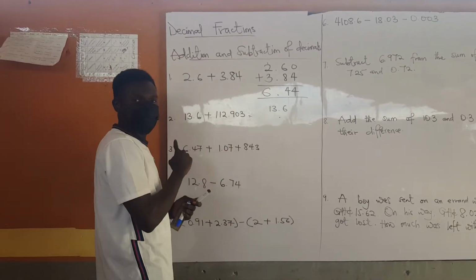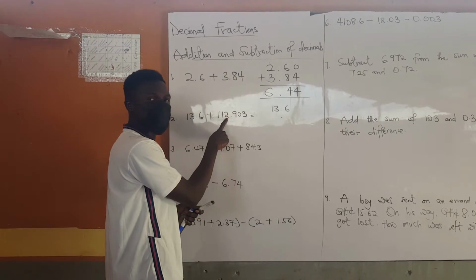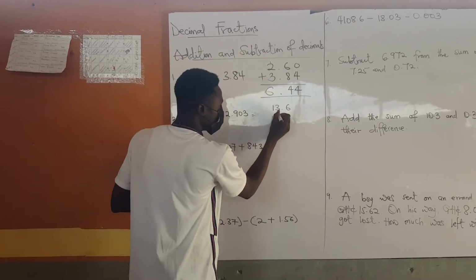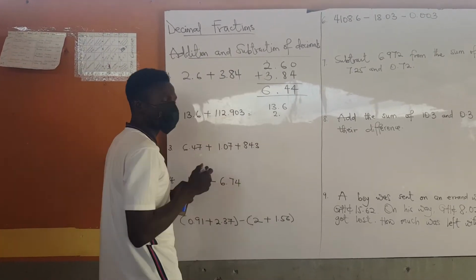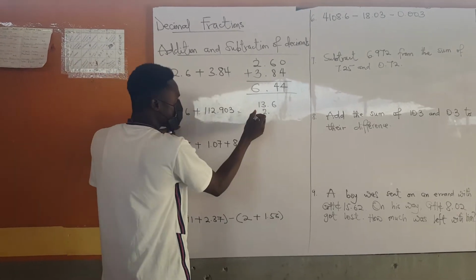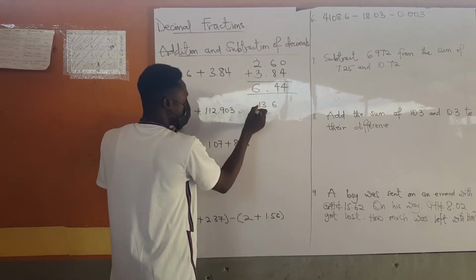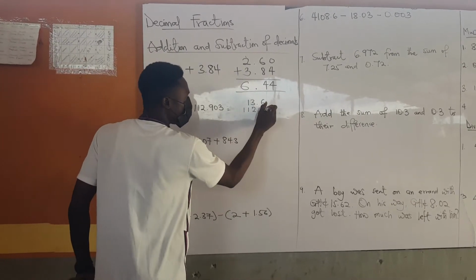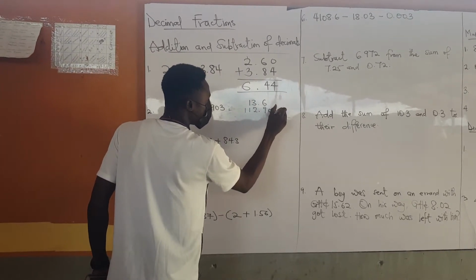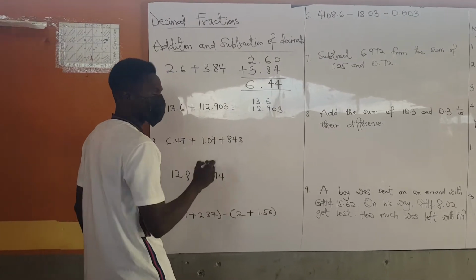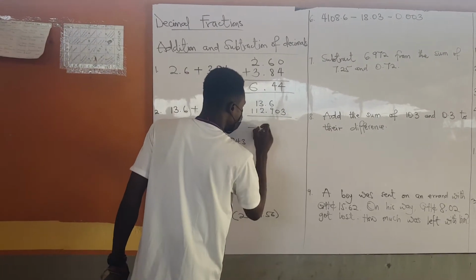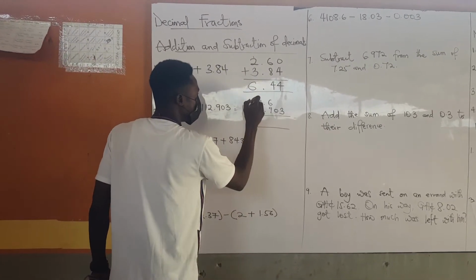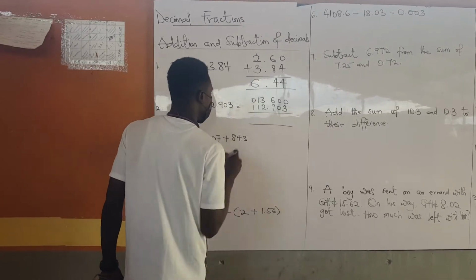Ones under ones. The place of 2 is ones, so it's going to be under the 3, which is also ones. This one is tenths. And I have this one here. When I come to this side, I'm going to have 903. Because there are no numbers here and here, I'm going to replace them with zeros.